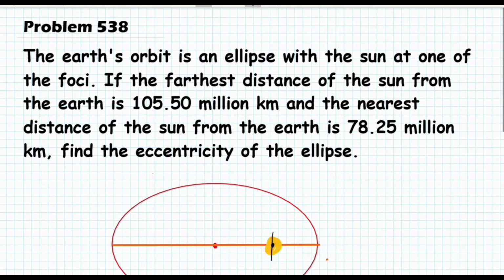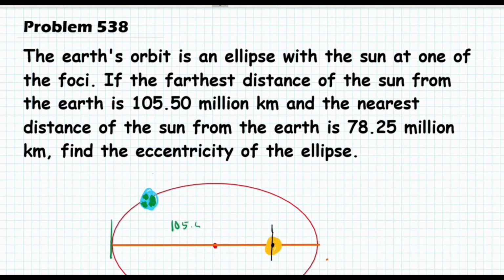At nakaisan daw ang iyong isang focus. Okay? Pagkatapos, sabihin natin din si F1. Okay? Pagkatapos po, meron din pong given. Okay? So, halimbawa, ito si Earth. Okay, pagkatapos, ang farthest distance daw from the Sun hanggang kay Earth, ibig sabihin mula dito hanggang dito po. Ayan. Okay? Which is, we call that as apogee.